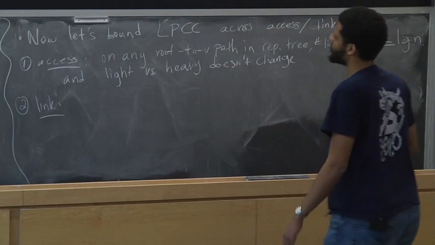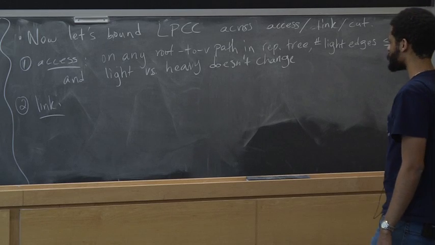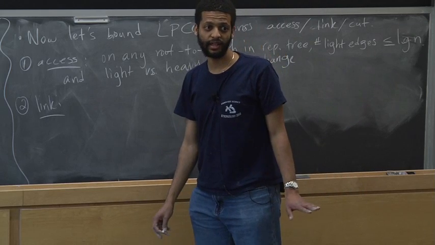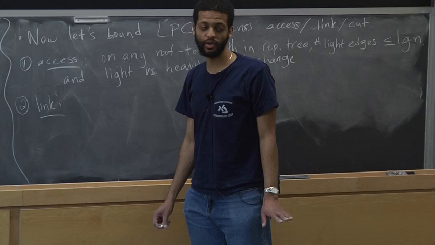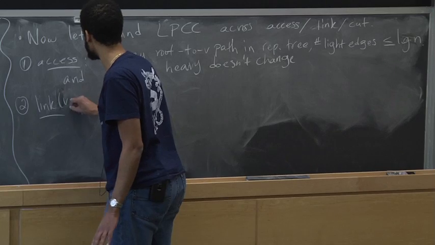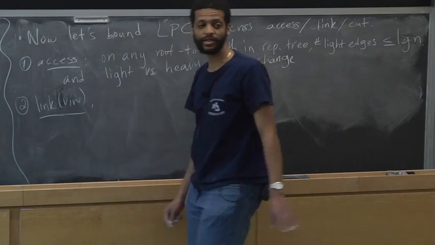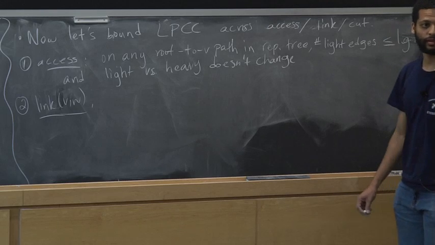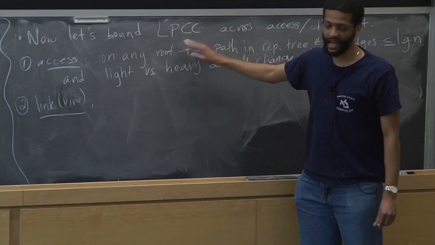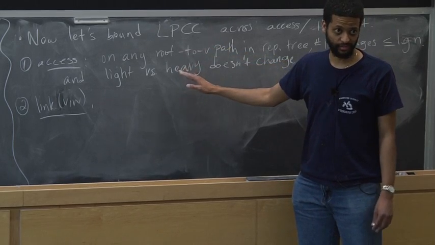So what does link do? The first thing link does is it does two accesses, right? So let's say link on v, w. It does access on v and access on w, right? So the LPCCs for the accesses are already covered by item 1 here.